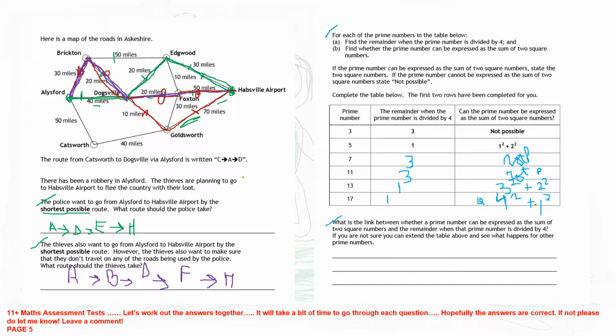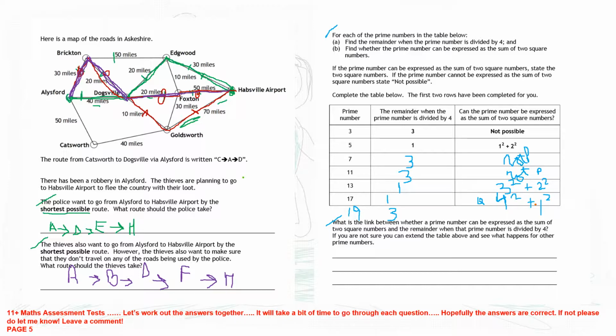To substantiate our answer, we can go to the next prime number, which is 19. And 19, when we divide by 4, we get 3, because 4 times 4 is 16, and 3 more is 19. And if we try to express 19 as a sum of two squares, 4 square plus 1 is 17.